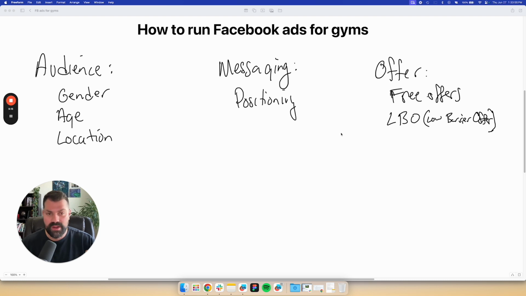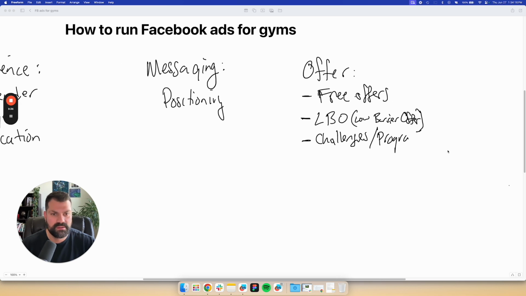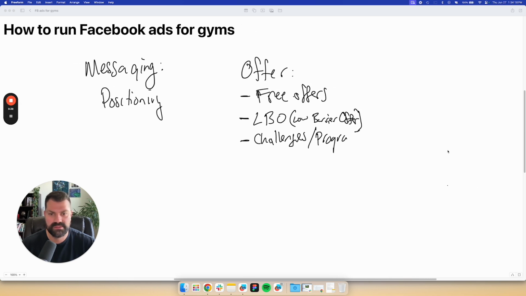Now, when I say a low hurdle, what I really mean is a lower price. Okay. So free, lower priced offer, or low barrier offer. And then another one is challenges or programs. All right. So let me just scroll over just a little bit here, because I want to show you some options and pricing and strategy as well.